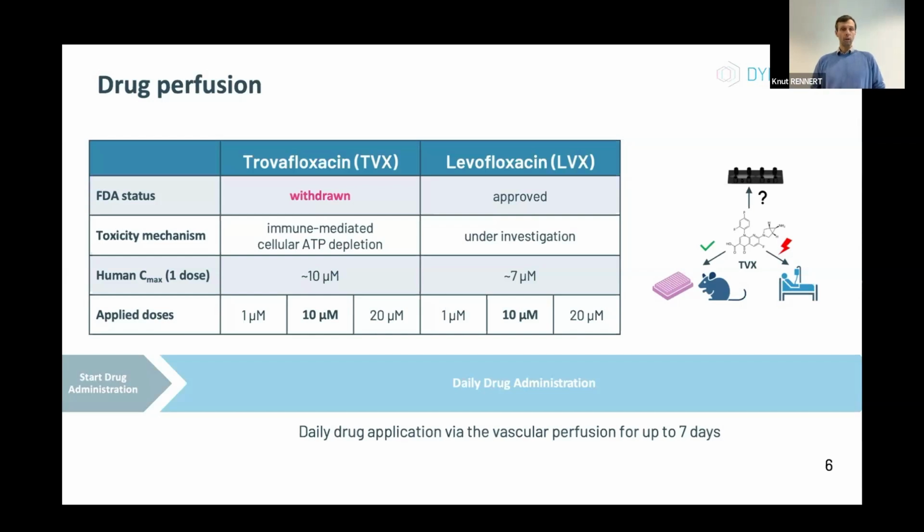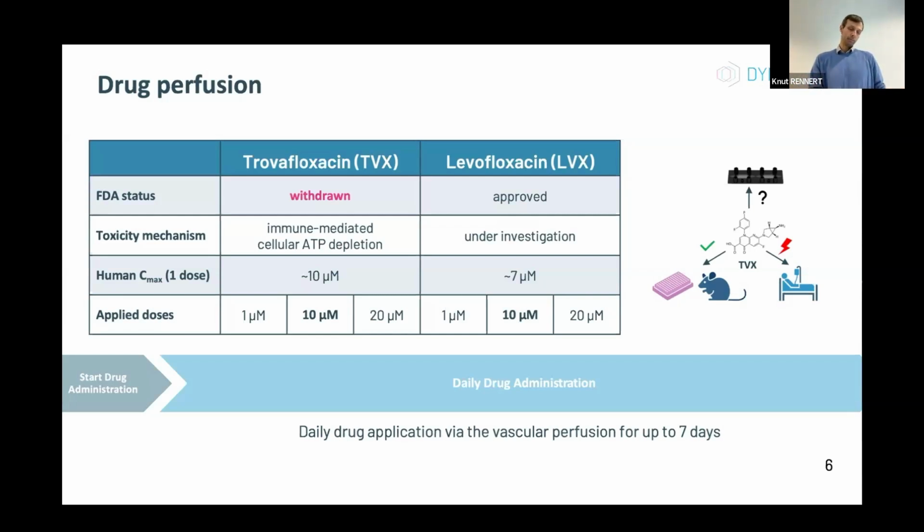It's an analog of trovafloxacin, but it's known to be non-hepatotoxic, at least not at this concentration. Here we have comparable plasma concentrations to trovafloxacin, so we can apply the same doses as for trovafloxacin.